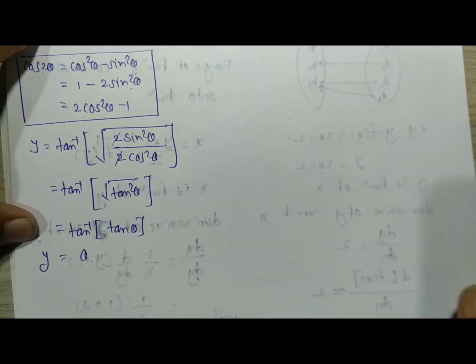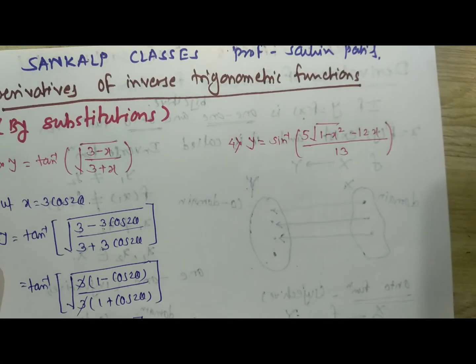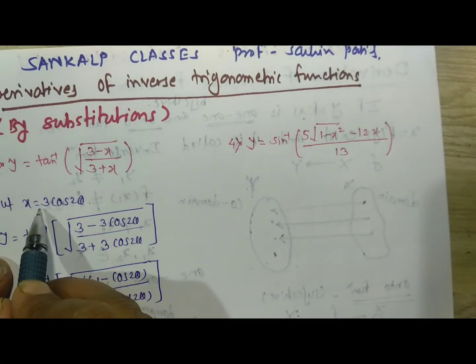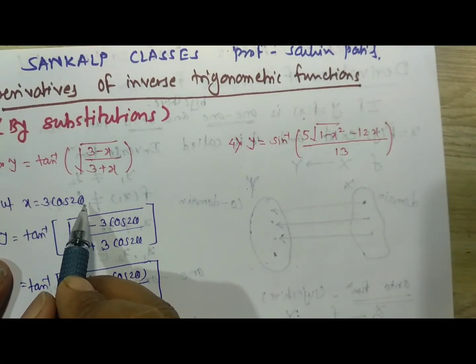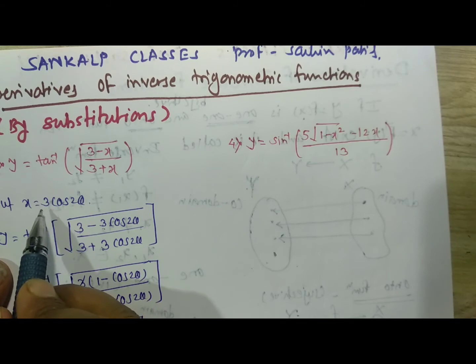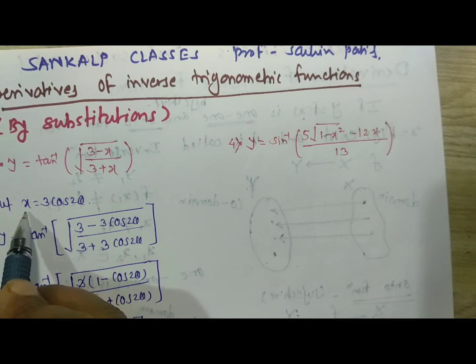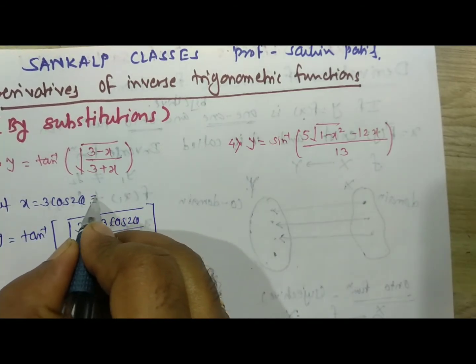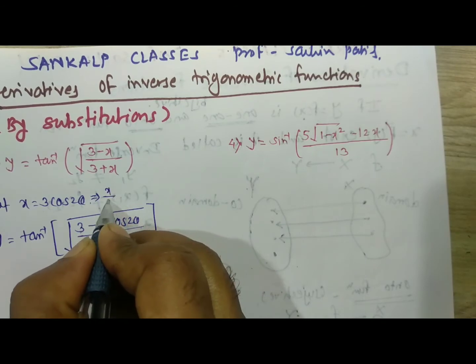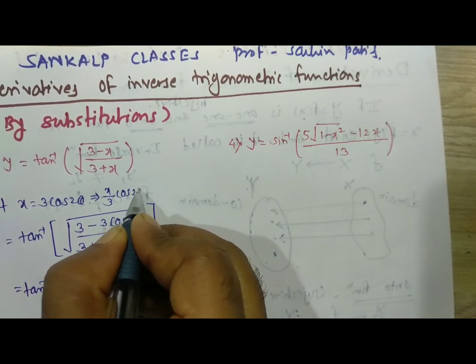Right, now we go with the substitution once again. The substitution is x is equal to 3 cos 2 theta. Therefore first of all we have to transfer this 3. It implies that x divided by 3 is equal to cos 2 theta.